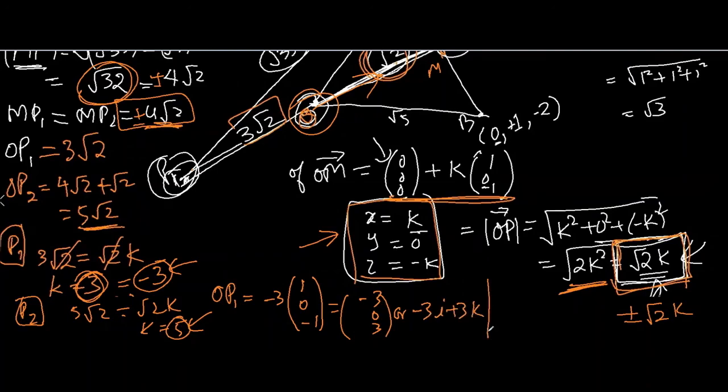And if you use the same plus 5 for OP2, it will give you 5, 0, minus 5 or 5i minus 5k. These are the two answers, two possible position vectors of P.